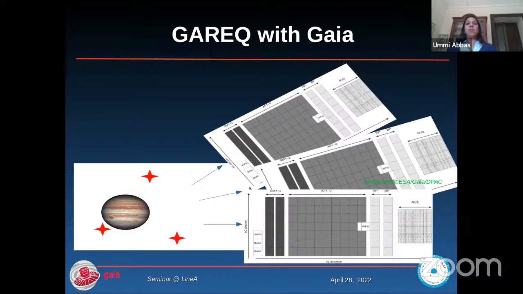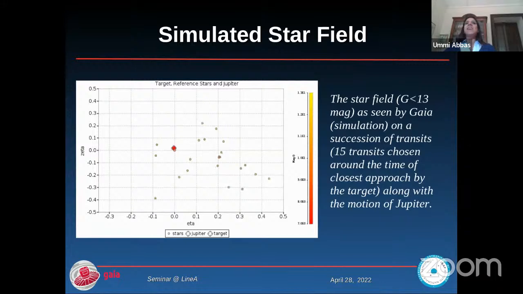So since we were targeting this experiment, observations close to Jupiter, we really went to optimize the scanning law. We had to carry out a targeted campaign, an optimization of the scanning law of Gaia, in order to get such high cadence observations. Those scanning law parameters are what was used by Gaia to obtain the optimal event observed in February 2017. Here I show a simulated star field of what can be expected.